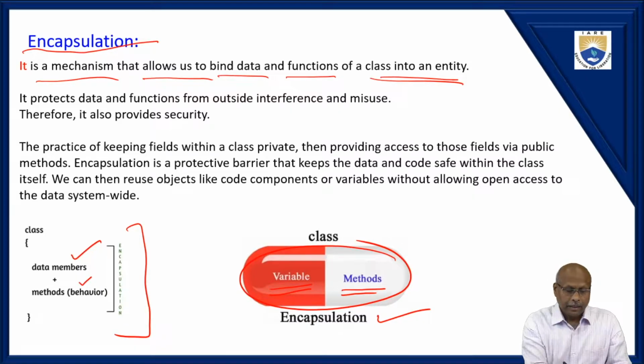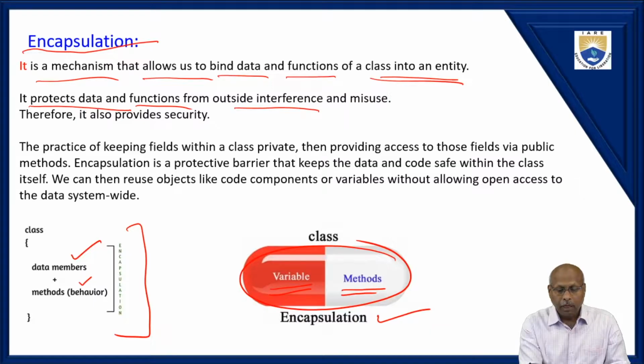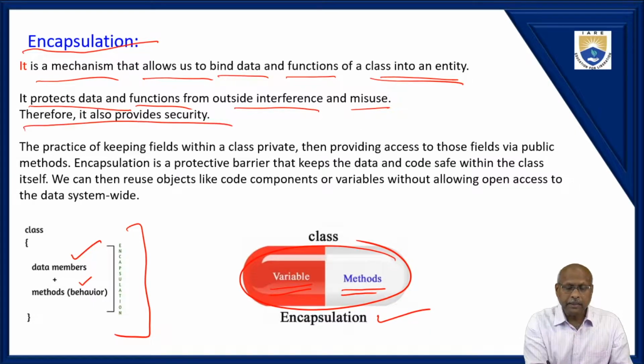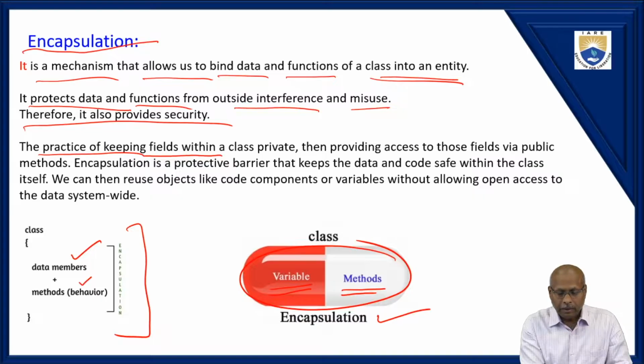So it protects the data and functions from outside interference or misuse. Therefore, it provides security for your application. The practice of keeping fields private within a class and then providing access to those fields via public methods.